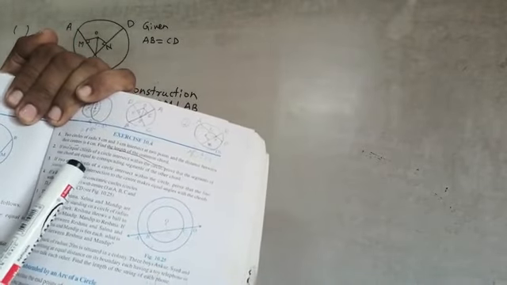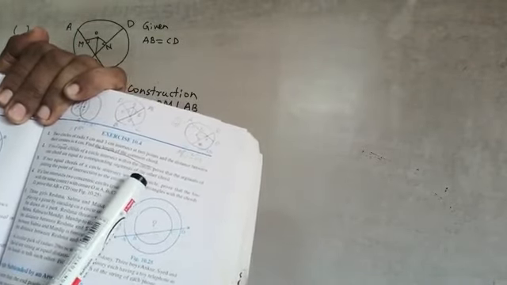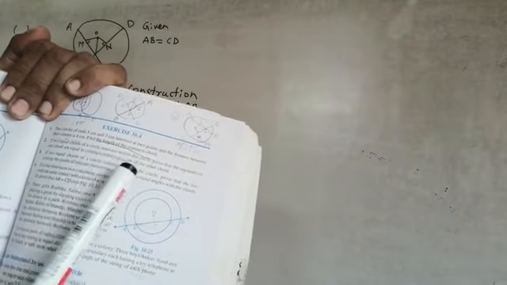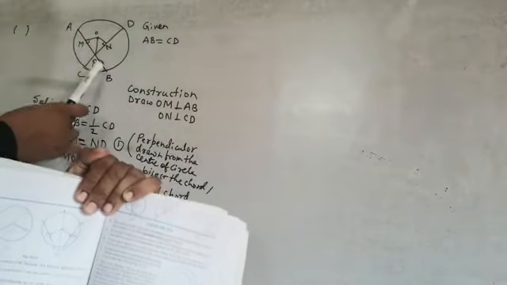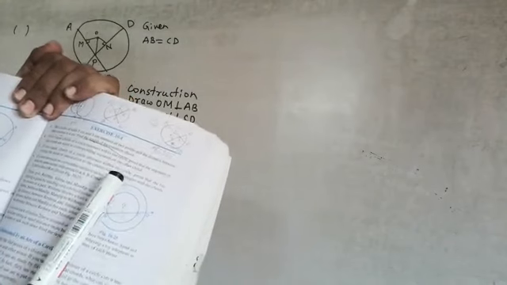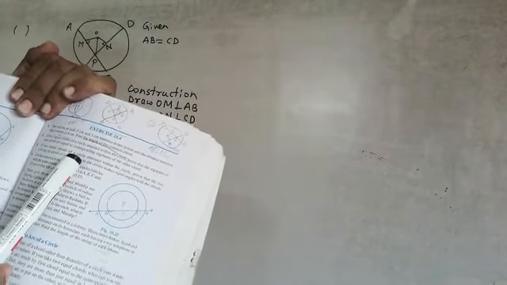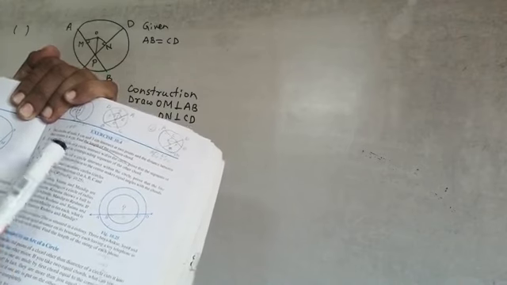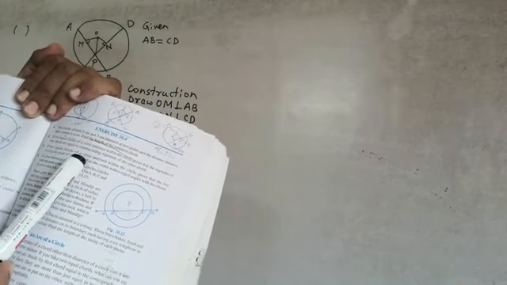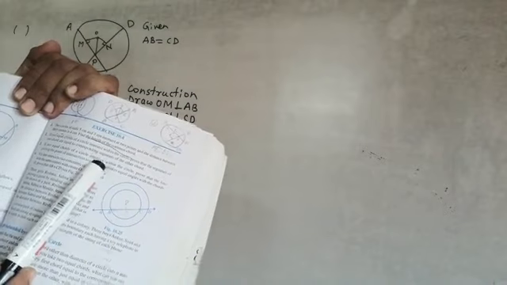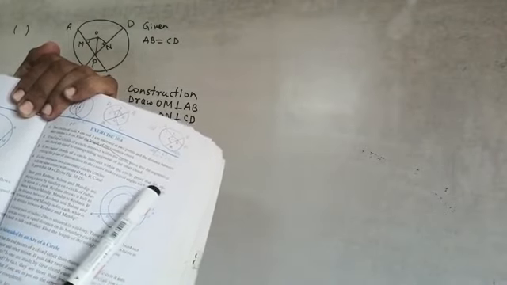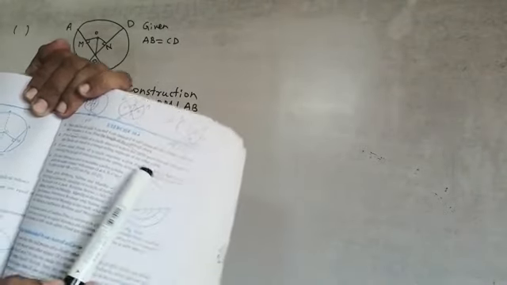If two equal chords of a circle intersect within the circle, meaning two chords intersect at one point, in this figure they intersect at point P, then we have to prove that the line joining the point of intersection to the center makes equal angles with the chords.